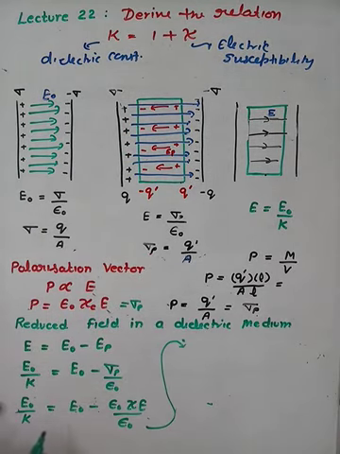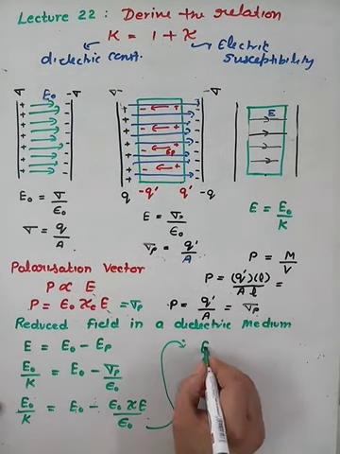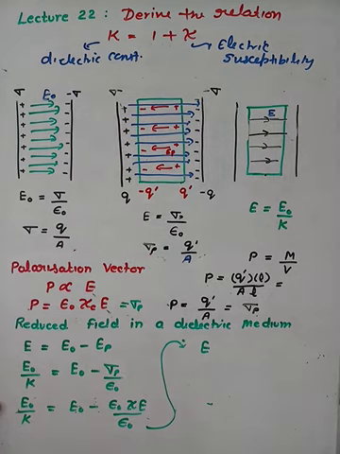E naught by K is equal to E naught minus epsilon naught times susceptibility times E upon epsilon naught. E naught by K is E, the field in the medium.